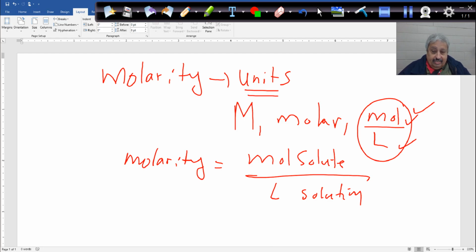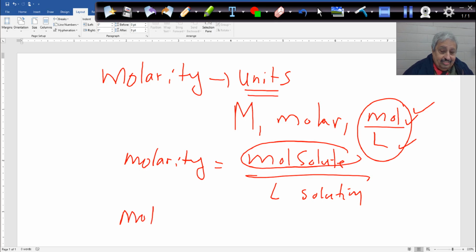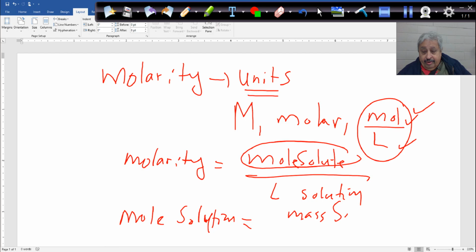So the mole itself is defined as a ratio as well. So that's another mole. You can write it here. Mole of the solution is a ratio too. Will be mass of the solute divided by molar mass of the solute.